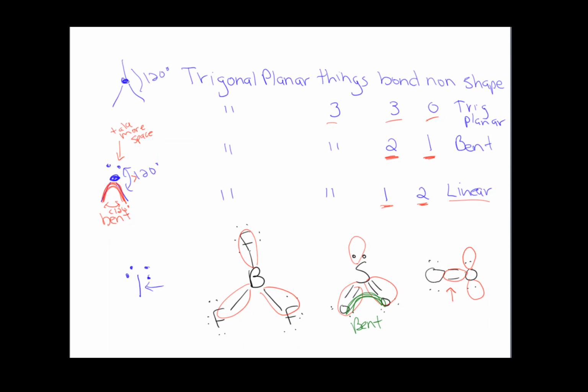And if you look at the other side, it's going to be identical. I have 1, 2, 3 things, and it's going to be 1 bond, 2 non-bonding or 2 lone pairs, and it's also going to be linear. All right, well, this is getting fun.